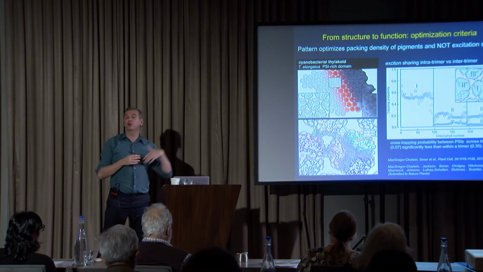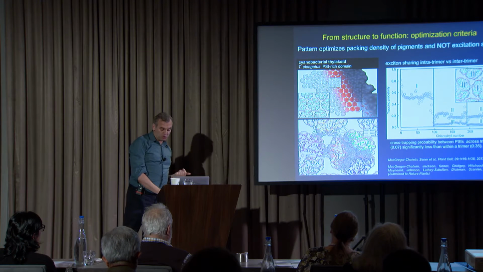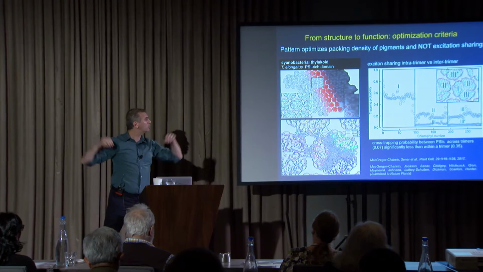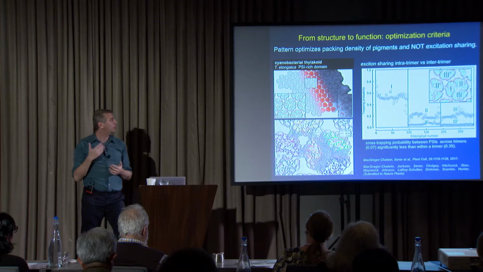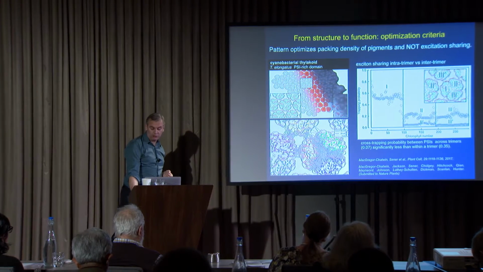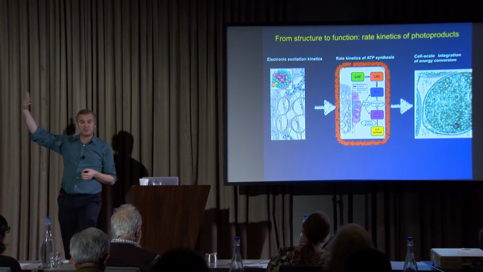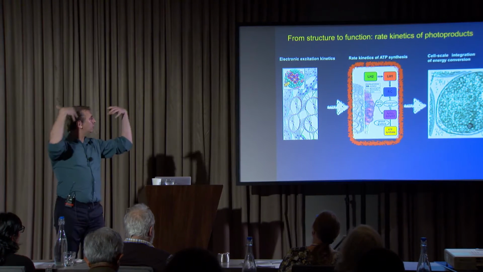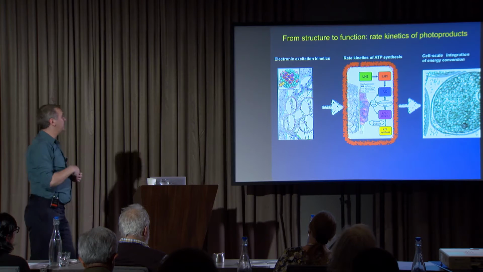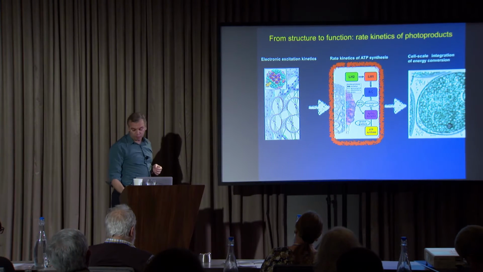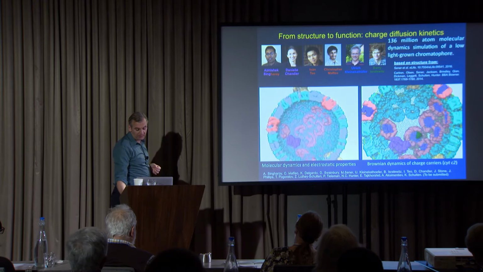You can repeat this for any of the structural patterns you have seen, so you can begin to ask what the bulk implications are in terms of optimization criteria of the individual protein complexes involved. From this step, you want to climb towards the rate kinetics of ATP synthesis, where electronic excitation kinetics is an input parameter only.